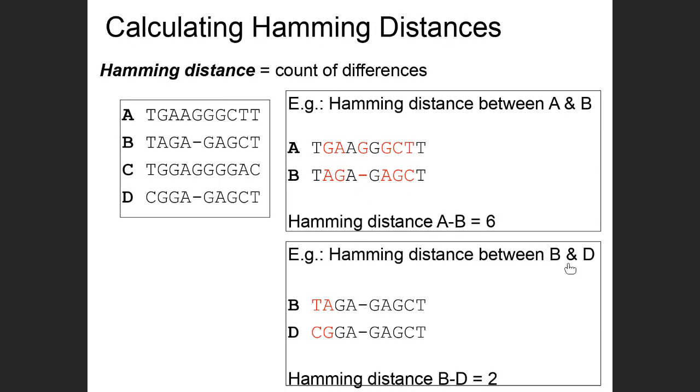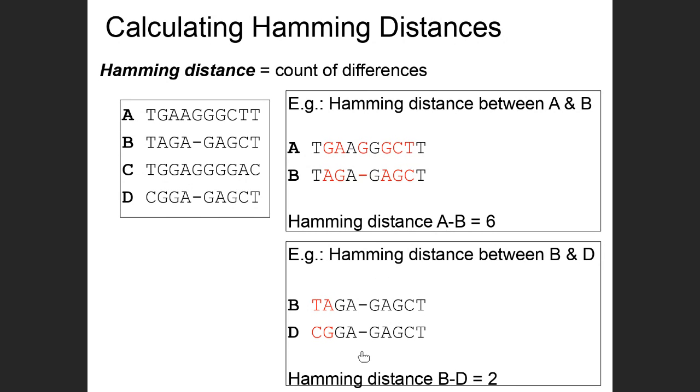And then the Hamming distance between B and D, I just copied over B and D and I put them over here. The reason why I did that is to show you that, okay, this gap doesn't actually exist in the sequence, right? That gap was just put so that C and A could align with B and D. So when I'm comparing B and D, I don't even need that gap there.